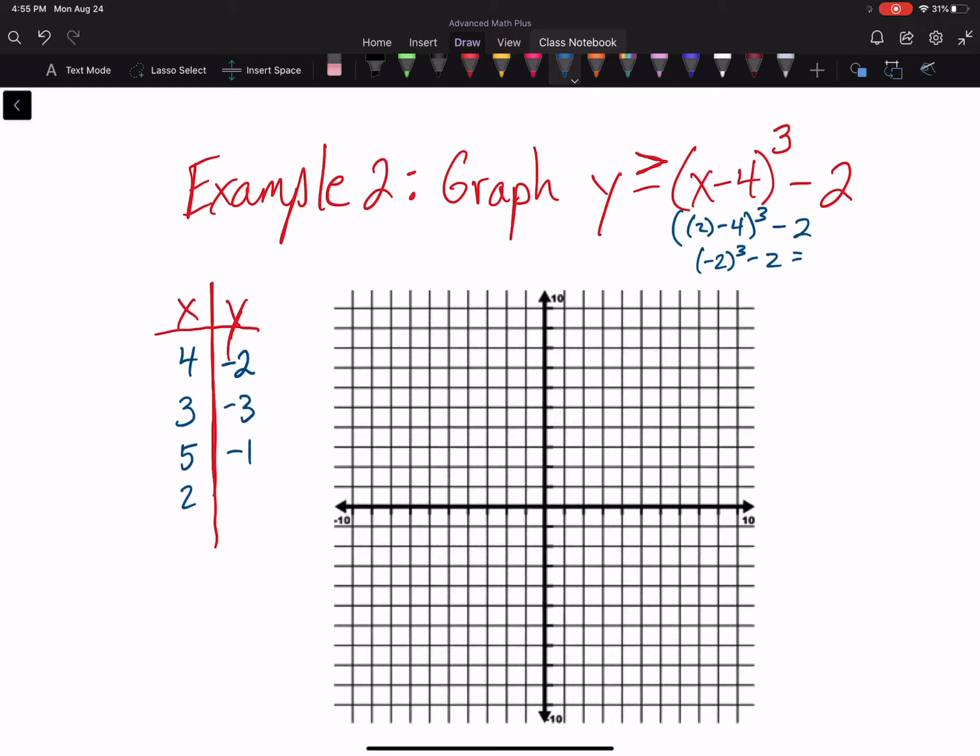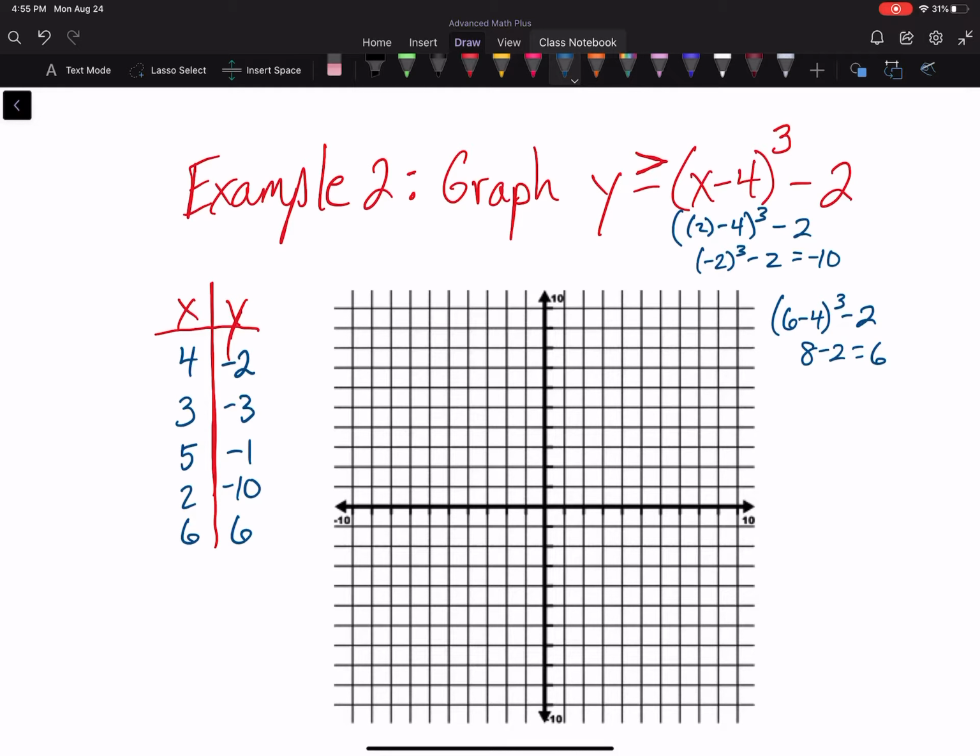Minus 2 would be -10. And then the last one, 2 to the right of 4, would be 6. So if I plug in 6, (6 minus 4) cubed minus 2, that's 2 cubed is 8. 8 minus 2 is 6. So (6, 6). All right, and then after you do that, you graph it.